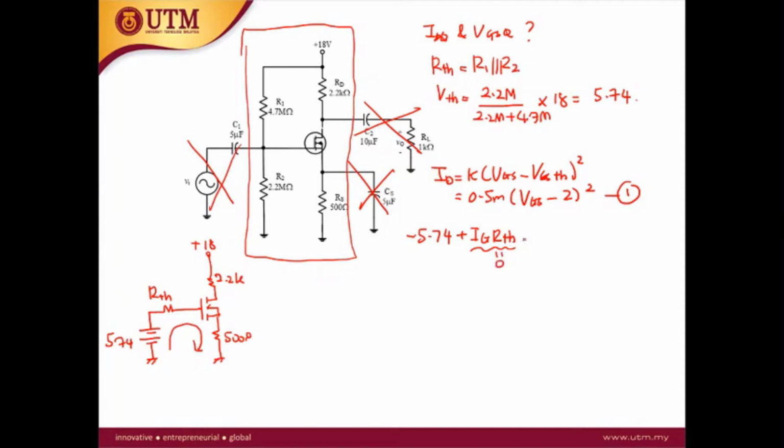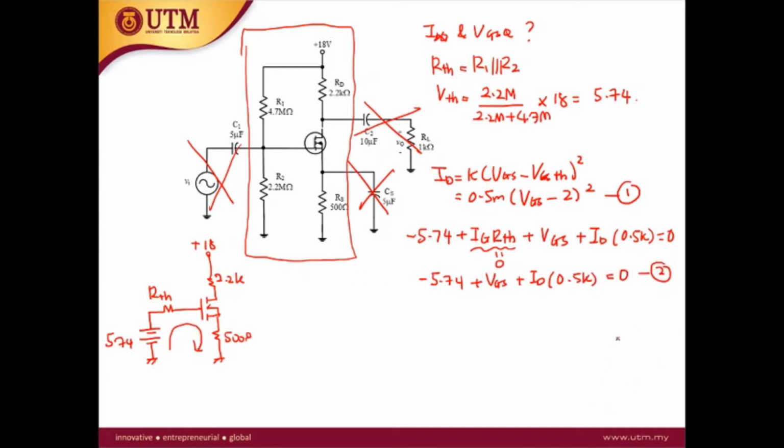Then we have the voltage drop VGS between the gate and the source. The last term is ID times 500 ohm, equal to 0. So you get minus 5.74 plus VGS plus ID times 0.5K equal to 0. This is the second equation from the KVL.